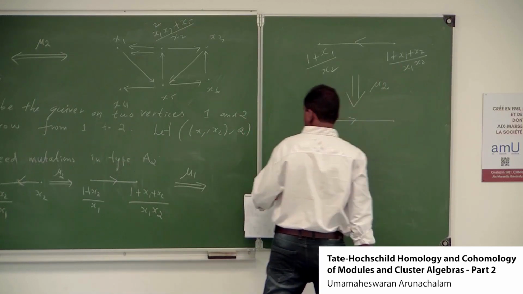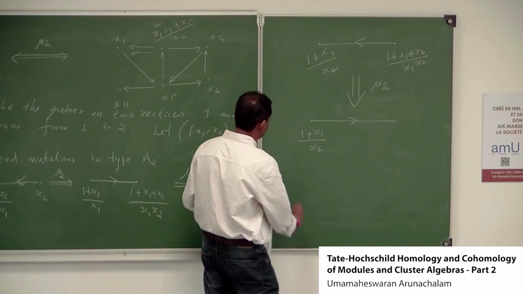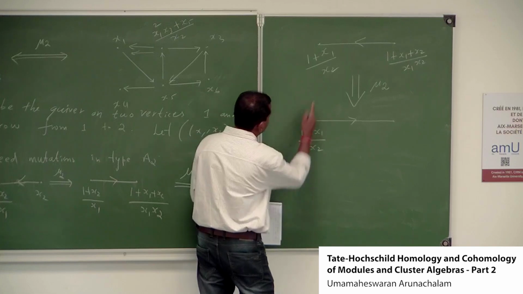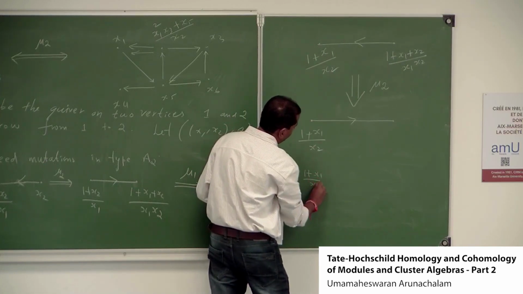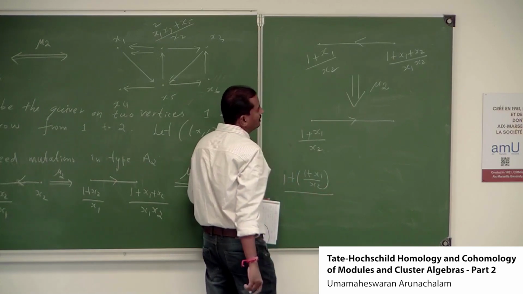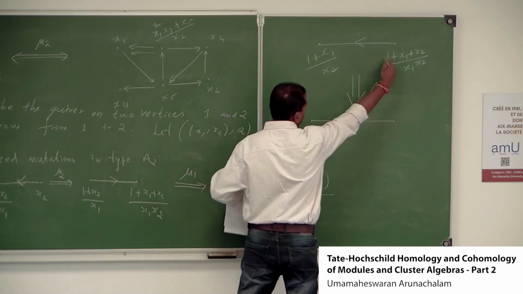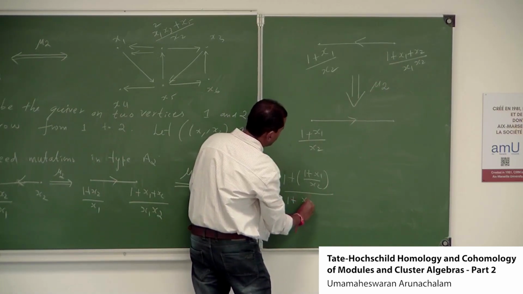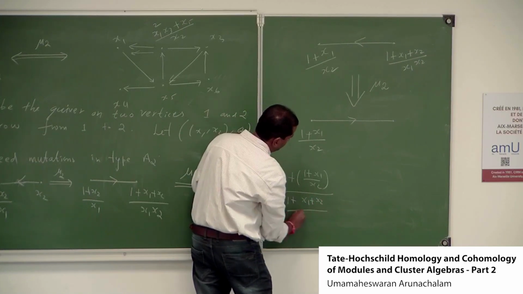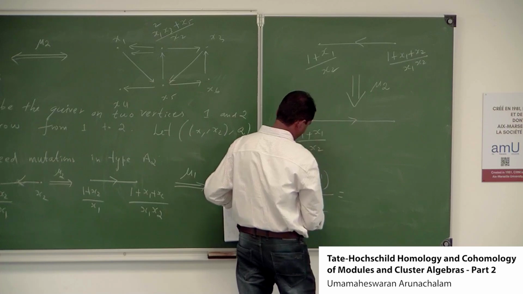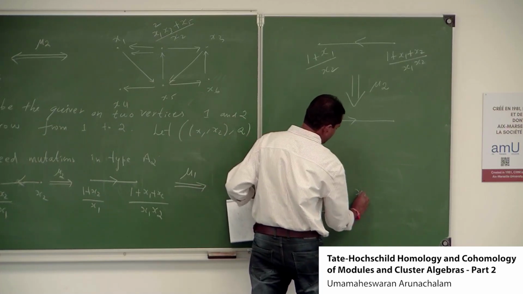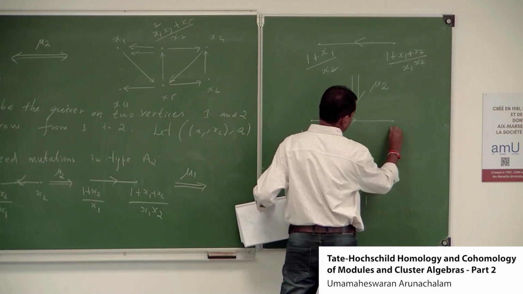So this place needed to find (1 plus x1) divided by x2. 1 plus x1 means this new x1, (1 plus x1 by x2) divided by x2. x2 means this new (1 plus x1 plus x2) divided by x1 x2. We are simplifying this. You have to cancel. Okay, we will get x1. So this new variable is x1.